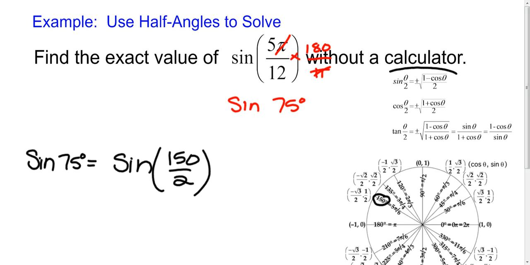So I am going to use this formula right here. And I want you to notice that this 150 degrees is your theta in the formula, so that's what you're going to plug into the right spot in the formula.